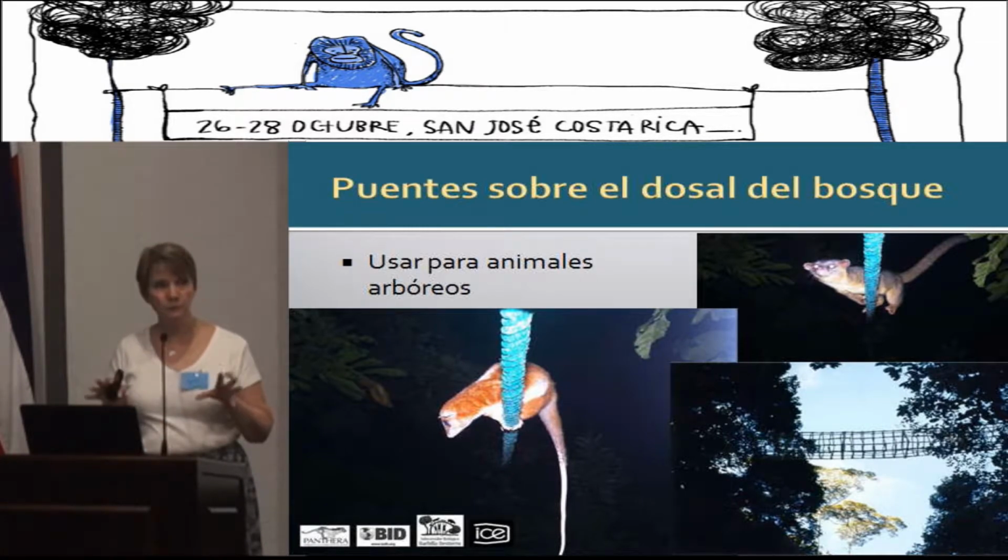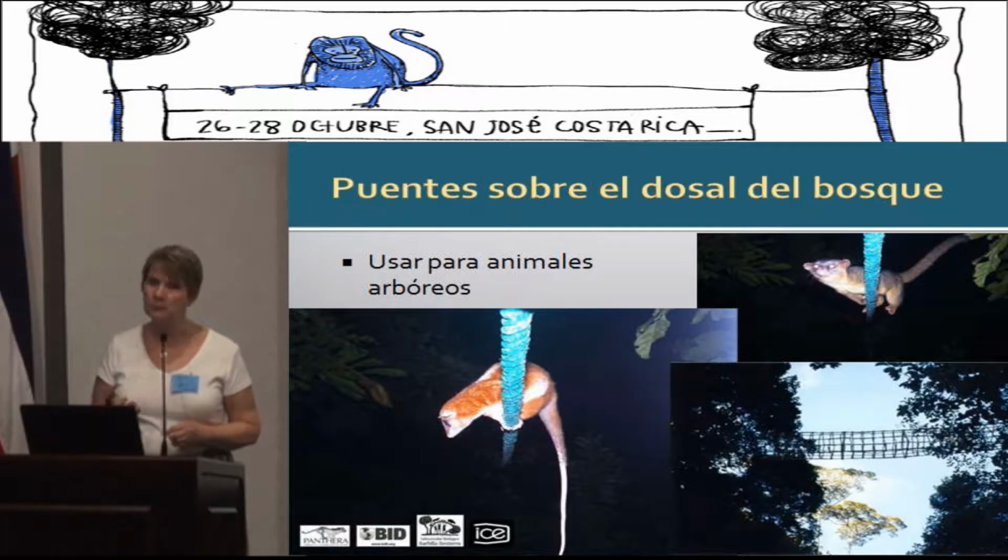And for those of you in Mesoamerica, South America, this is an area where you can make a huge contribution to the science, because we need to try and make better and more arboreal bridges.